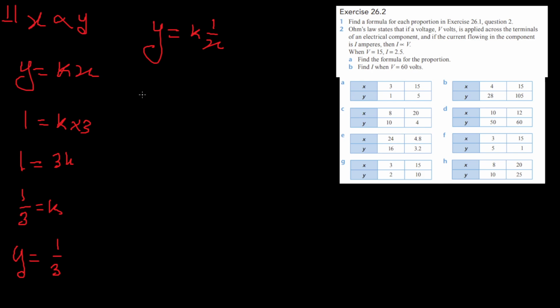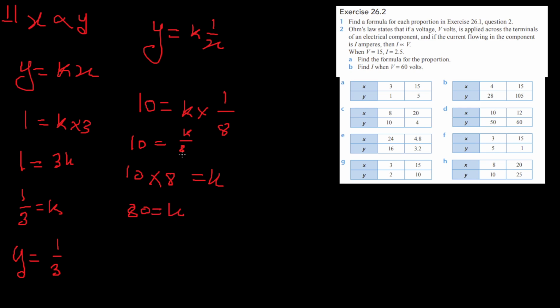So this will be 10 equals k times 1 by 8. So we can do some algebra here. We take this 8 here, so it's 10 times 8 equals k. So k is 80.